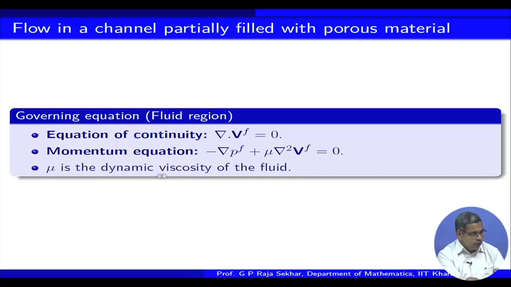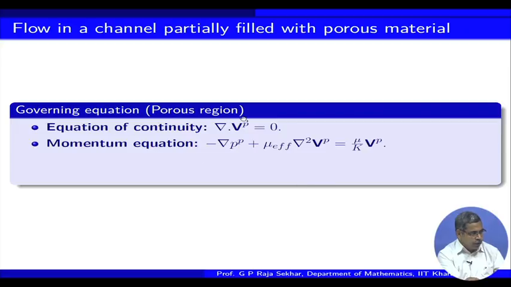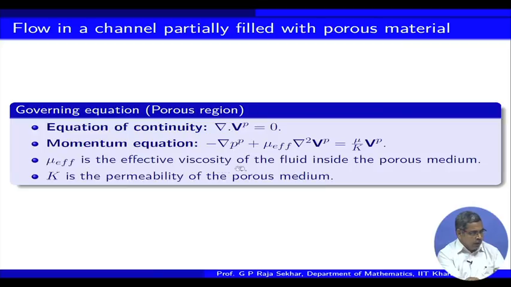Here mu is the dynamic viscosity of the fluid. Coming to the porous region, we have again the equation of continuity, and then we are using the Brinkman equation. As I indicated, we are using the superscript p. And already we have discussed this is the effect of viscosity.